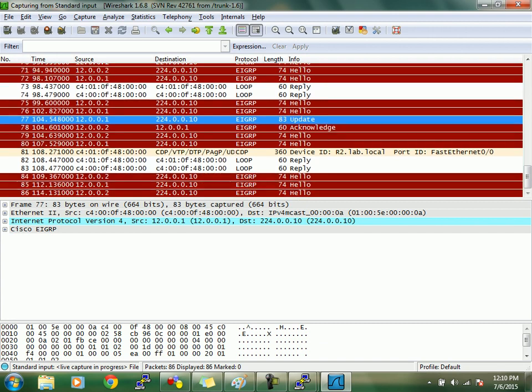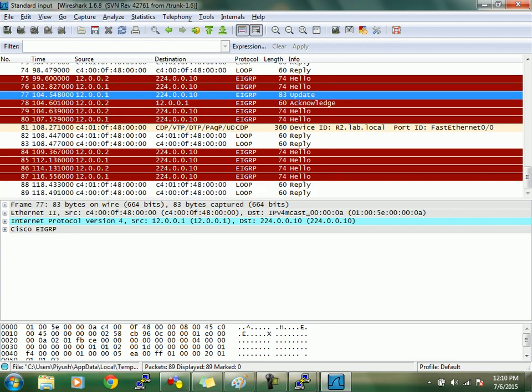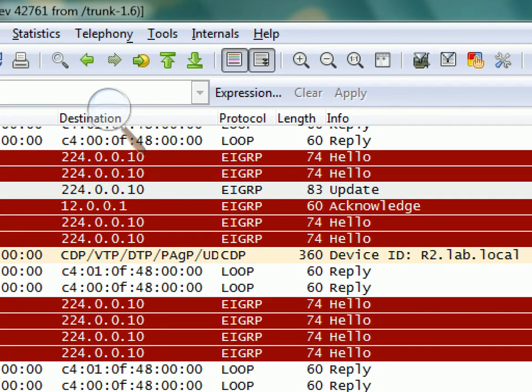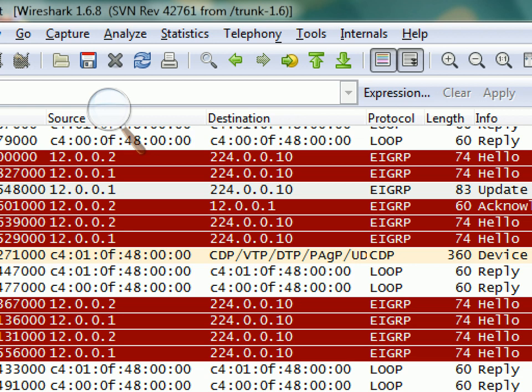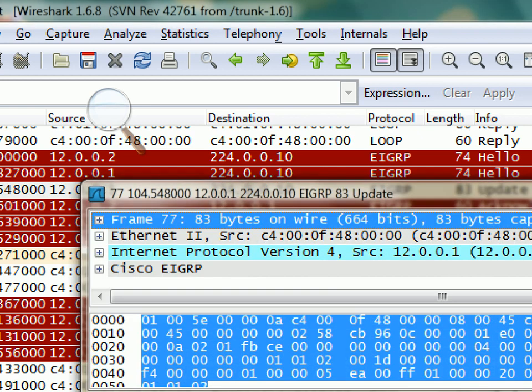This thing is clear? Now, I am stopping the capture. This is the update packet. You can see here, source, destination is 224.0.0.10, a multicast address. For this update, R2 is giving an acknowledgement. This whole process is defined by RTP. This thing is clear. Now, what is the information in the update packet if you want to see?